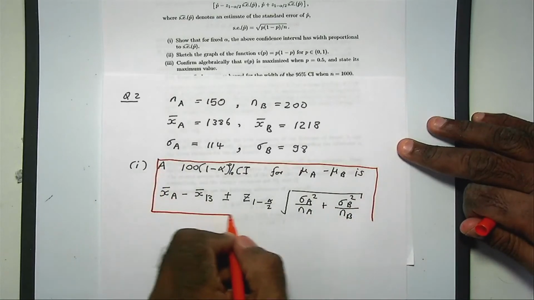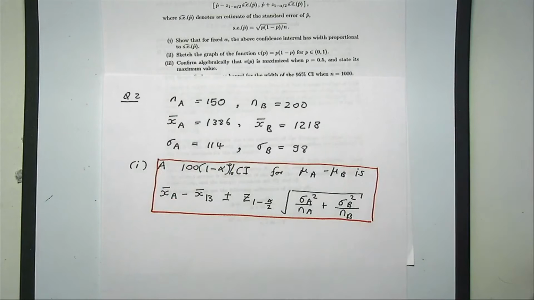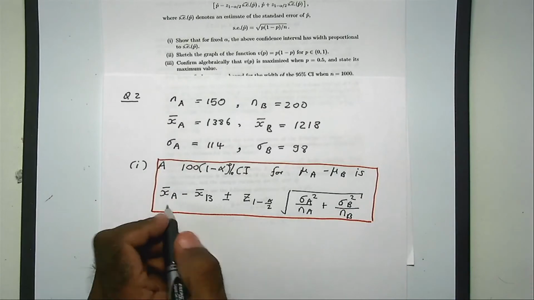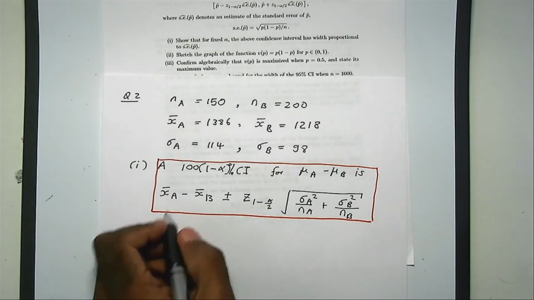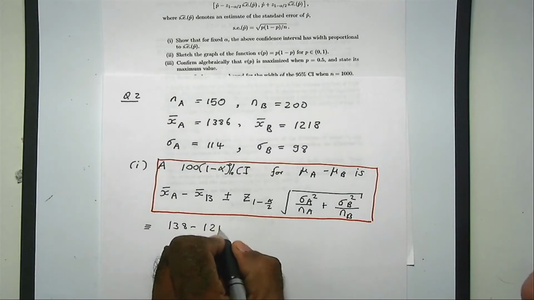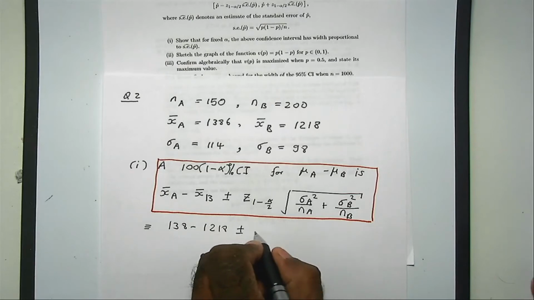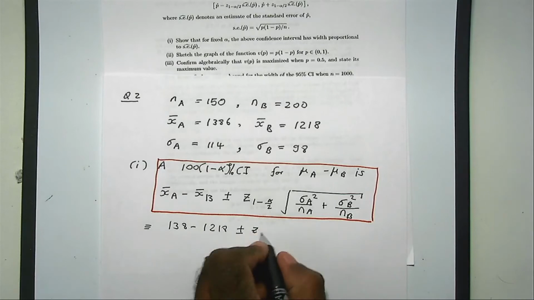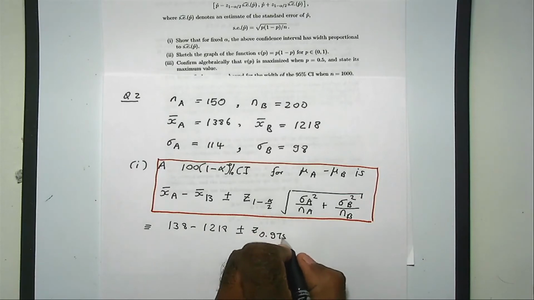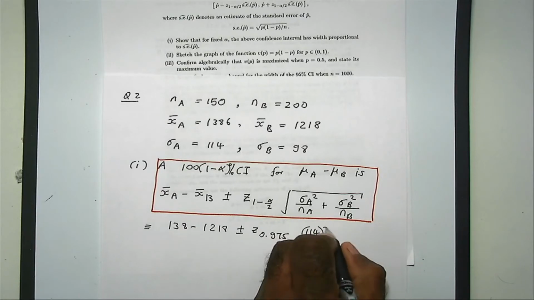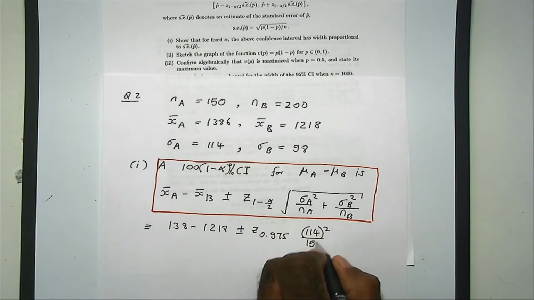So to do the first part, we just need to simply apply this formula, right? So it will be. Alright, this is the sample mean for the first sample, which is 1386 minus 1218 plus or minus. We are looking for 95%, so this will be z 0.975 times the square root of 114 squared divided by 150 plus.